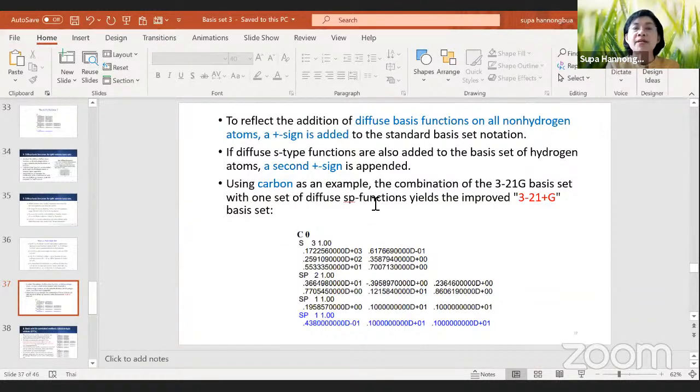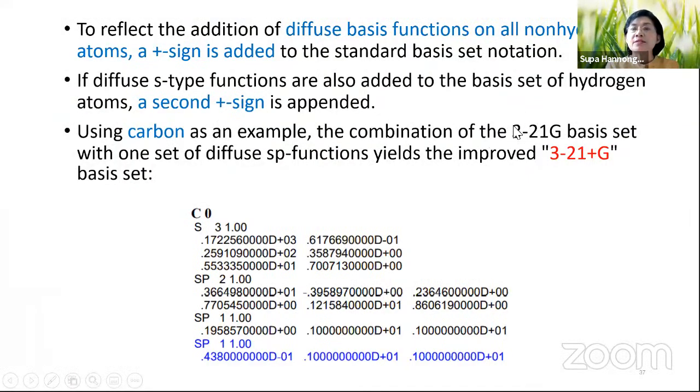For example, with carbon, you can have the standard split valence basis set like 3-21G, and if you add one set of diffuse sp function, you can improve the results as 3-21G plus. This is the example of the carbon atom. So now you can see it step by step.